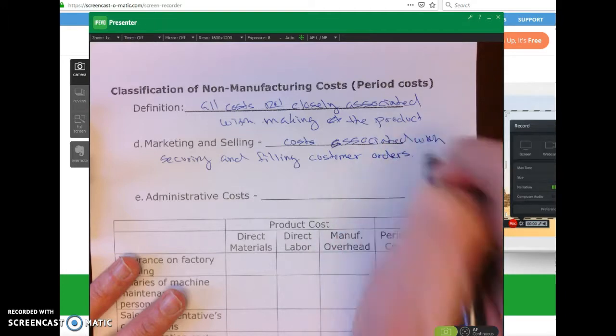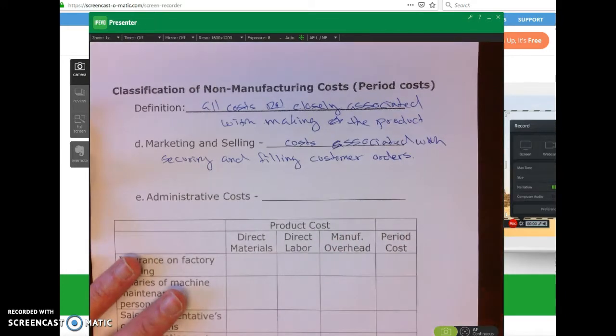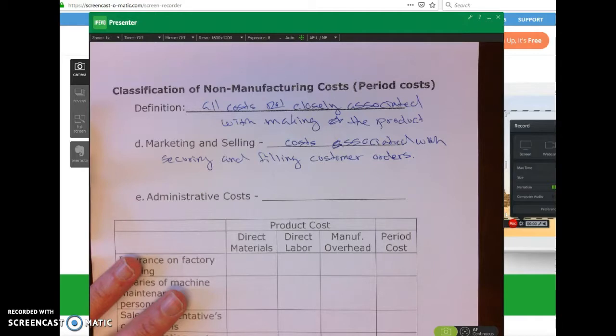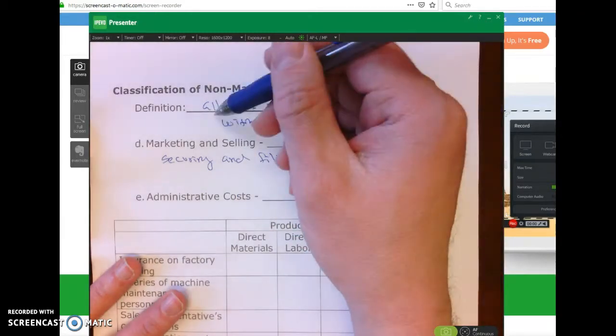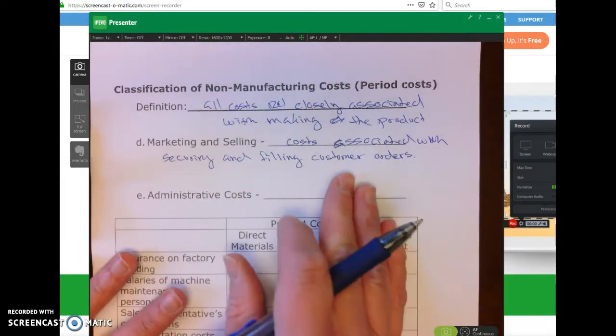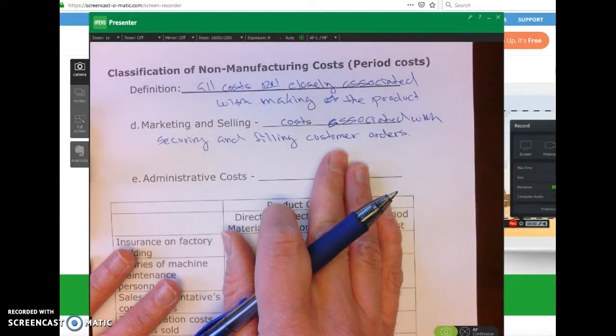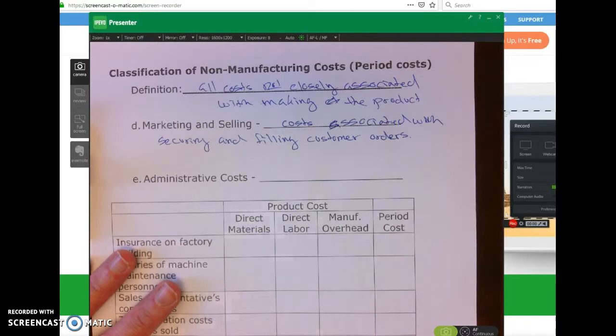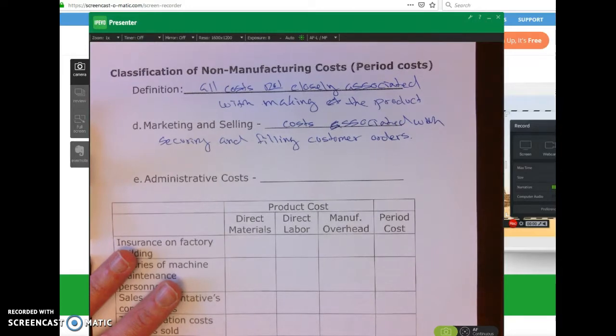So you could say, for example, any salesperson's salaries, salesperson's commissions, any cost that we would incur to ship the product to the customer, that would be considered a marketing and selling cost, which is a subtype of a period cost. Okay? We could also say depreciation of office space or depreciation on salesperson's cars. Right? Sometimes salespeople get a car, and that depreciation on that car would be considered a marketing and selling cost.